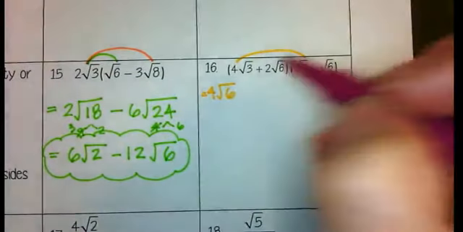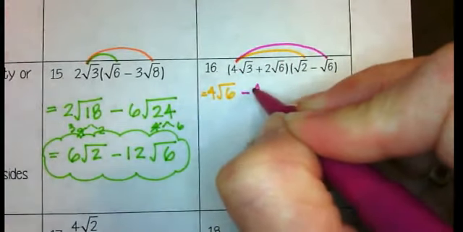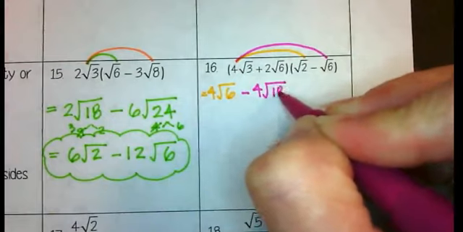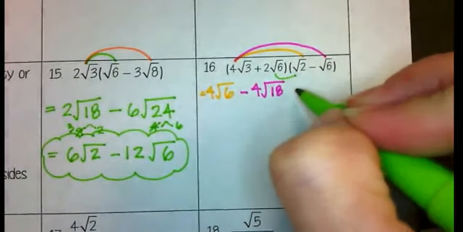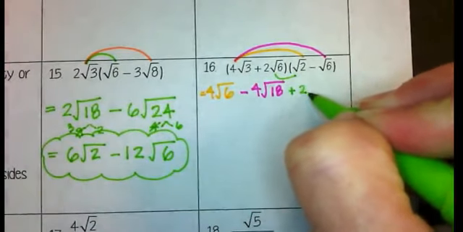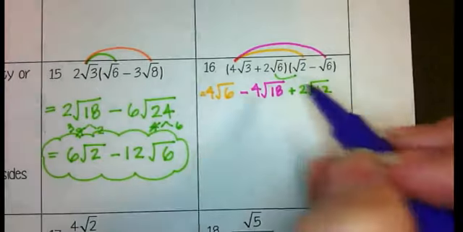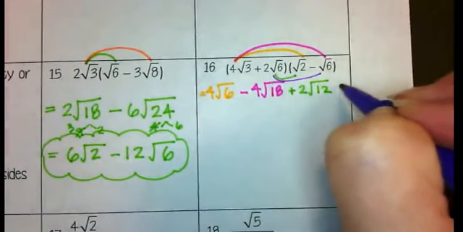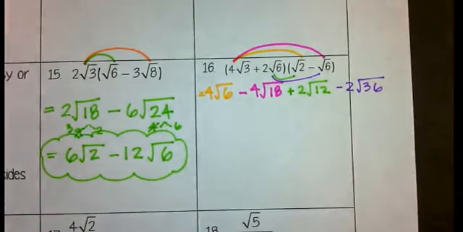And then I'm going to multiply the outsides together, which would be negative 4 square root 18. Then I'm going to do the insides together, which would be a positive 2 square root of 12. And then I'm going to multiply the last ones together, and that would be negative 2 square root of 36.